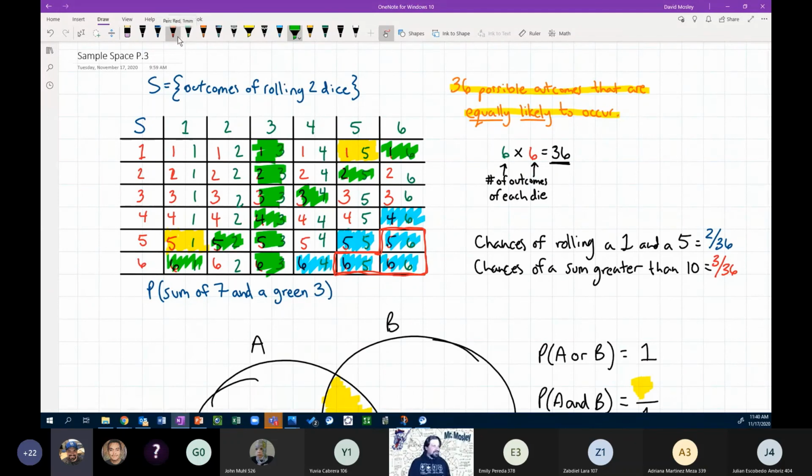So the probability of having a green 3 and a sum of 7 is the intersection of the two, which is just here. There's only one possibility that fulfills that. Hopefully this makes a little more sense. So let's get back into it.